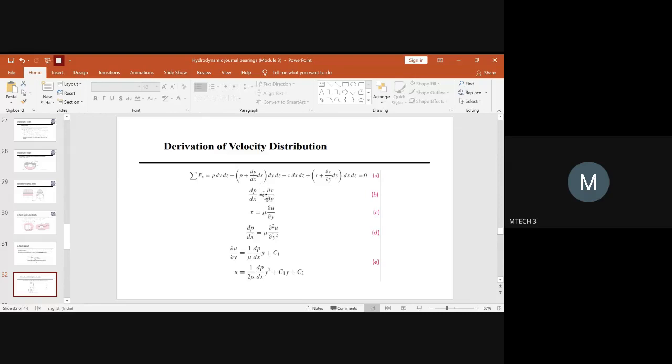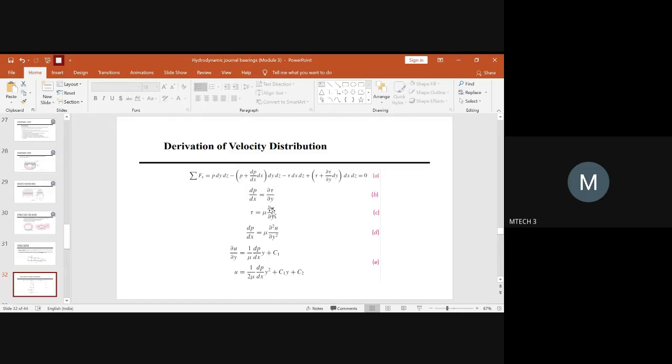When you simplify the equation, you will see that the pressure variation with respect to x will be equal to the variation in the shear stress with respect to the y direction. So after simplification, you end up with the equation dp by dx is equal to dou tau by dou y.